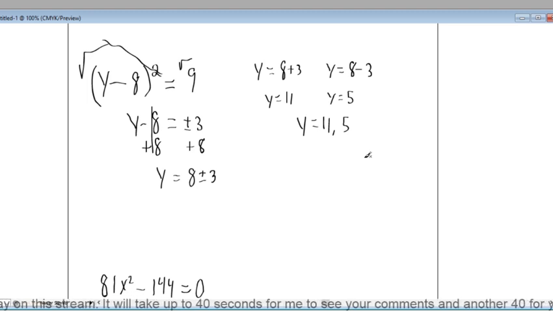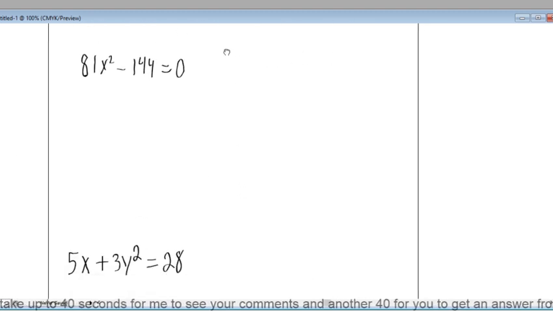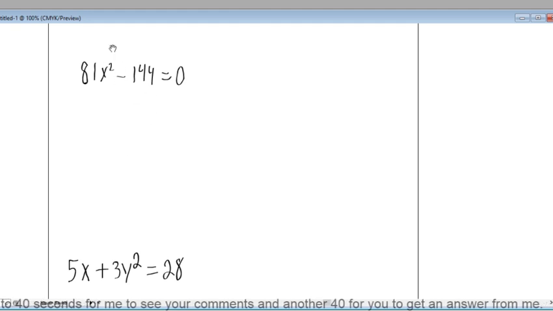So let's try another one. So once again, we've got a square thing here, and that square is probably going to give us something that has more than one answer. Let's see how to tackle this, though.